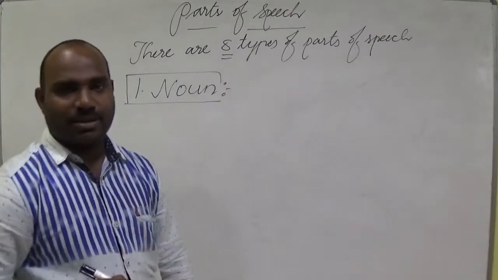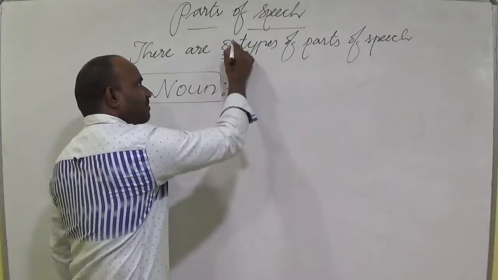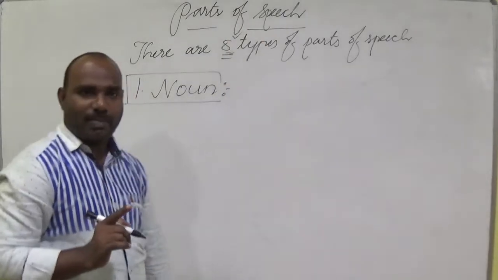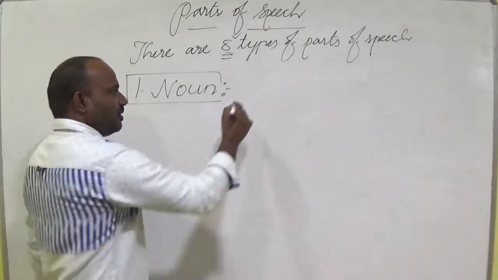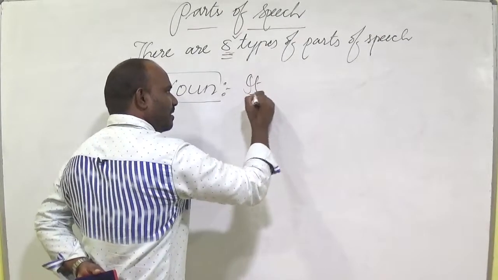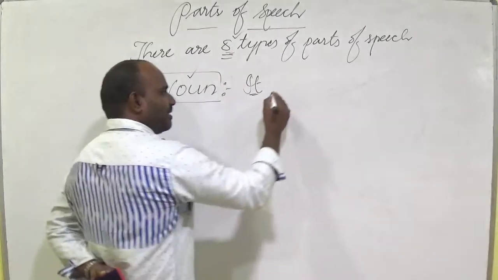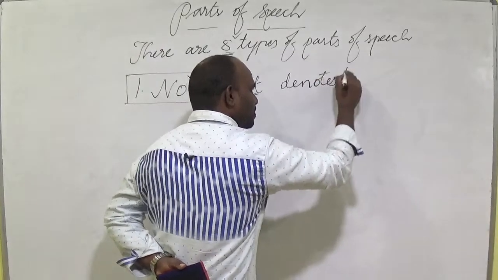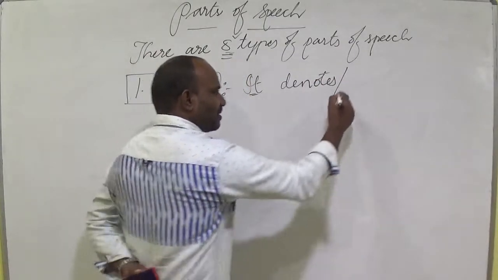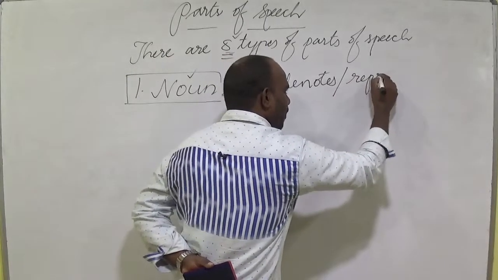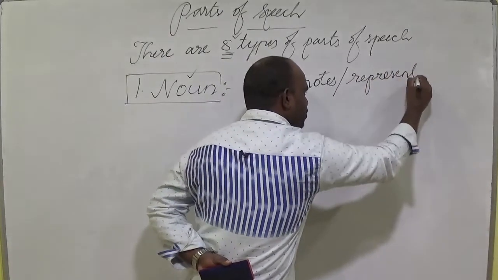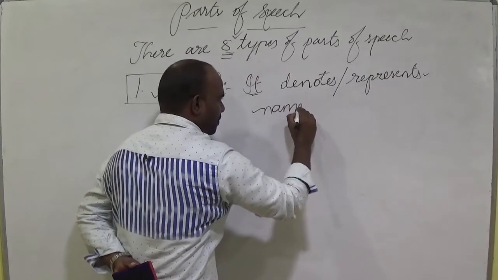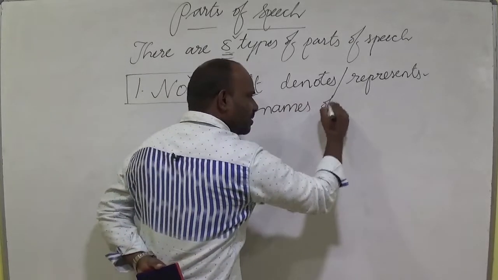You see, noun is one of the 8 parts of speech. Here, it's a word. Noun represents or denotes names. Noun means it denotes or represents names.